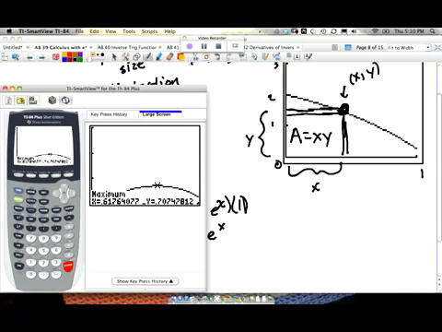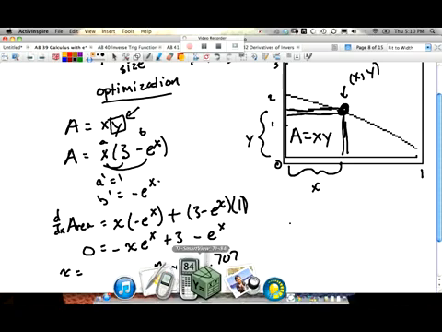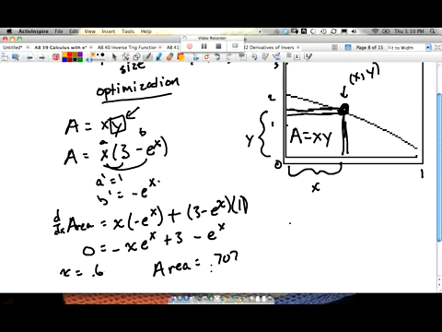Boom! Answer. So the area is 0.707 and the x value is 0.617. So the area is equal to 0.707. But the x value solved from this equal to 0 would be, what was it, 617? 0.617. Boom!